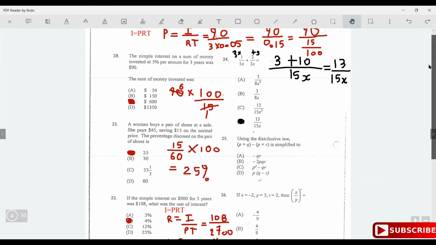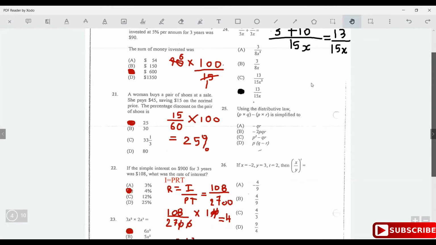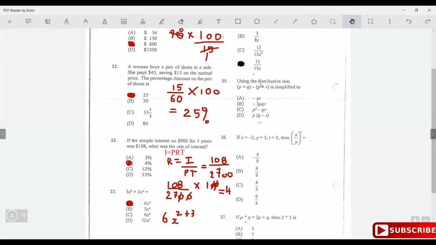Now, question 25. Using the distributive law, you need to simplify P times Q minus P times R. Now, I like to write it this way. P times Q can be written as PQ, minus P times R can be written as PR.